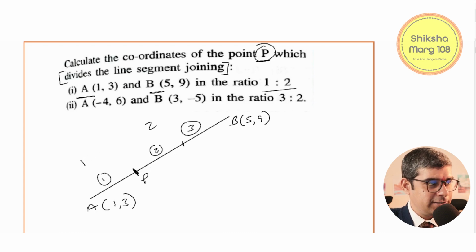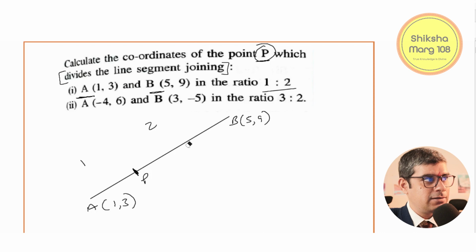Does that make sense? Quite simple, yeah? So I'm going to remove this part. So you actually have 3 equal segments or sections of this line segment. And we have a point P which is dividing this line segment in a way that section 1 is just 1 part of that line segment and section 2 is 2 parts of the line segment. So I'll just remove this part as well. All right, this is making sense now.